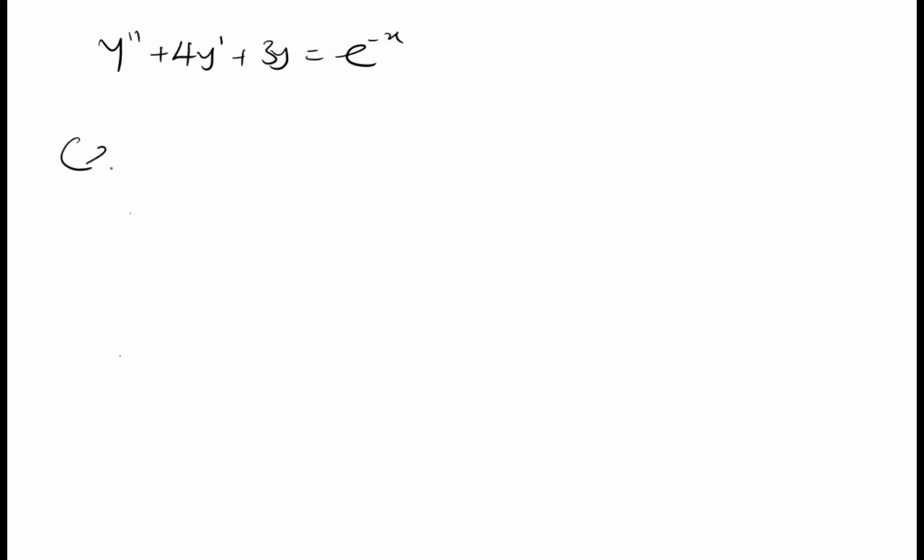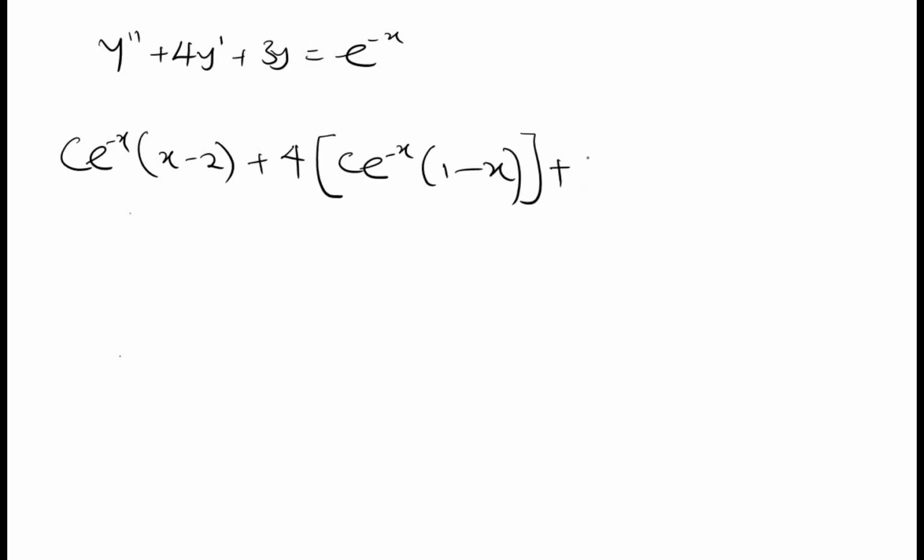That's c exponential negative x into x minus 2 plus 4 times y prime, that's 4 into, what's my y prime? c exponential negative x into 1 minus x, then plus 3y. What's my y? That's cx exponential of negative x. Cx exponential of negative x is equal to exponential negative x.